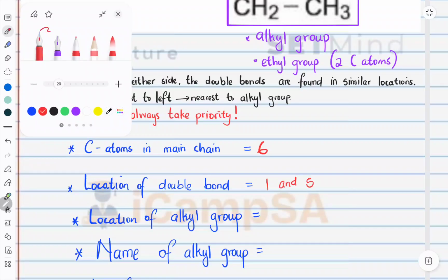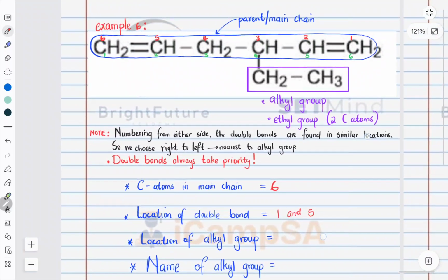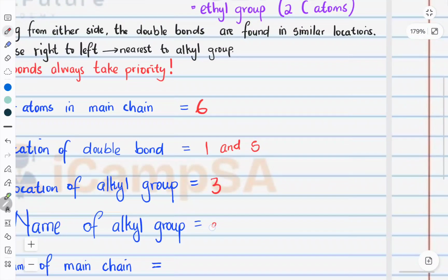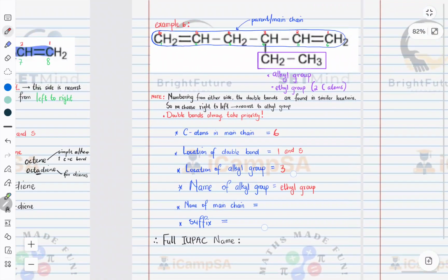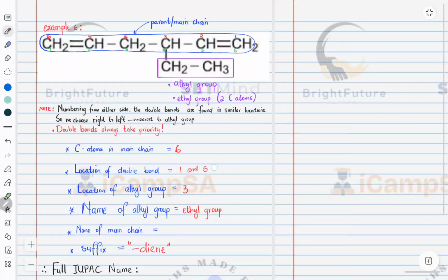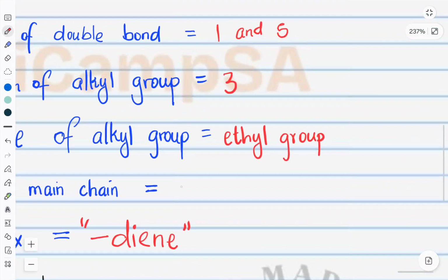All right, so location of the alkyl group, we find that it's on location number 3. Name of the alkyl group, it's the ethyl group, like we've already discussed. And then name of the main chain, it's a diene, remember. The suffix here will be diene. So name of the main chain is, it's 6, so it has to be hexadiene. Remember that extra a that we add there, diene.